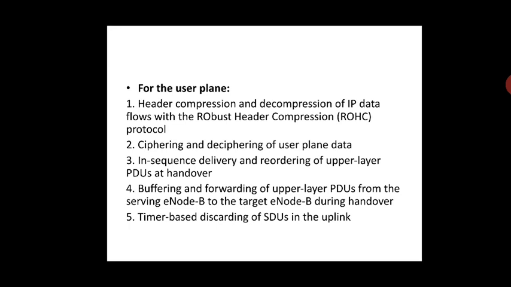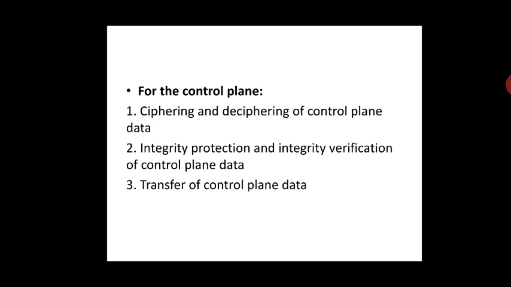In the fourth, buffering and forwarding of upper layer PDUs from the serving E node B to the target E node B during handover operation. In the fifth step, the timer based discarding of SDUs in the uplink. Similarly, in the control plane, the ciphering and deciphering of control plane data, integrity protection and verification, and transfer of control plane data. These are the basic steps under which the PDCP is working.